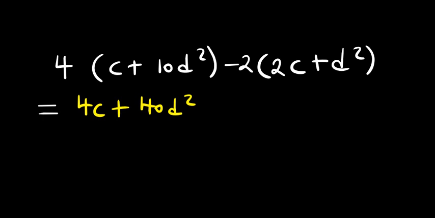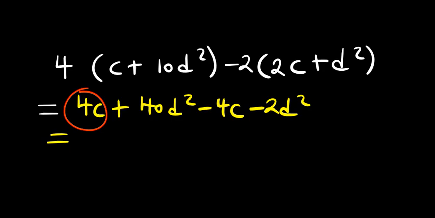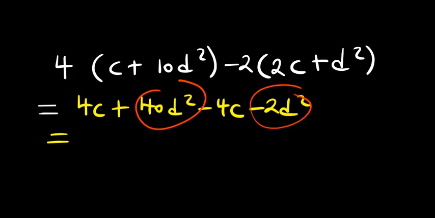When I come to the other side, the negative 2 multiplying with the 2c, I'm going to have negative 4c. The negative 2 multiplying with the d squared, I'm going to have a negative 2d squared. Then from there now, I'm supposed to put the like terms together. I've got a 4c, I've got a negative 4c there. I've got a 40d squared and a negative 2d squared.